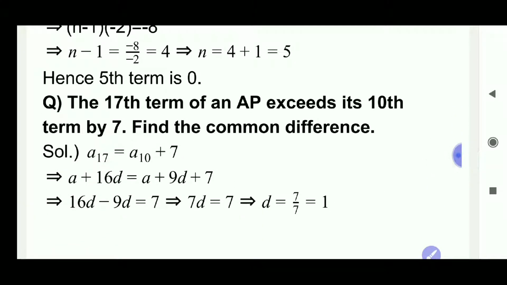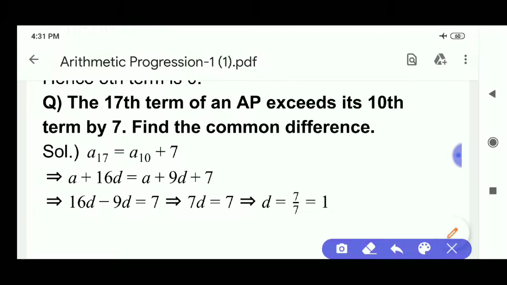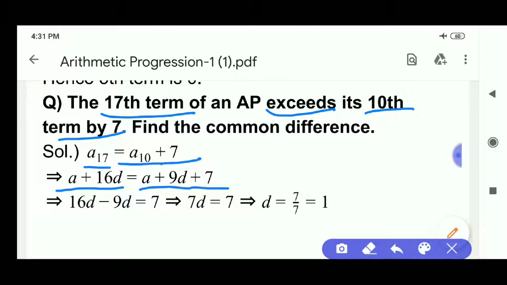The 17th term of an arithmetic progression exceeds its 10th term by 7. Find the common difference. Observe the question carefully. The 17th term exceeds the 10th term by 7. That means a17 is equal to a10 plus 7. a17 is nothing but a plus 16d, which is equal to a plus 9d plus 7, since a10 is a plus 9d.